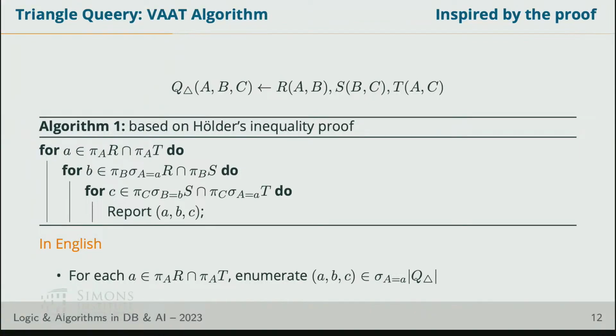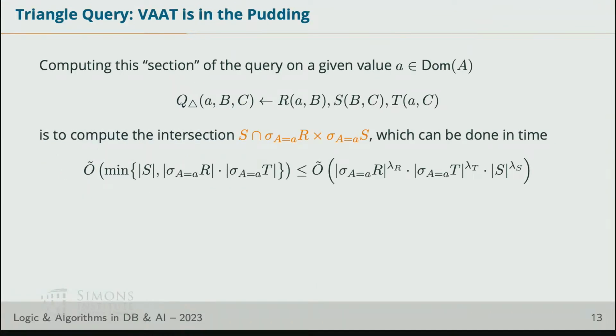And how long does this algorithm take? Well, it actually came almost identically from the proof of the upper bound. The algorithm iterates over little a's, and then we can compute the intersection of two sets in time proportional to the smaller of the two sets, because you can iterate over the smaller set and look up in the bigger set, with a log factor loss.